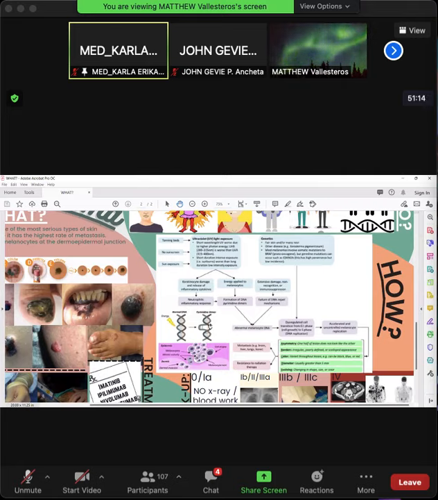Different genes are responsible for the development of inherited melanoma, and there are three mechanisms: the activation of oncogenes, the loss of tumor suppressor genes, and increased chromosomal instability.